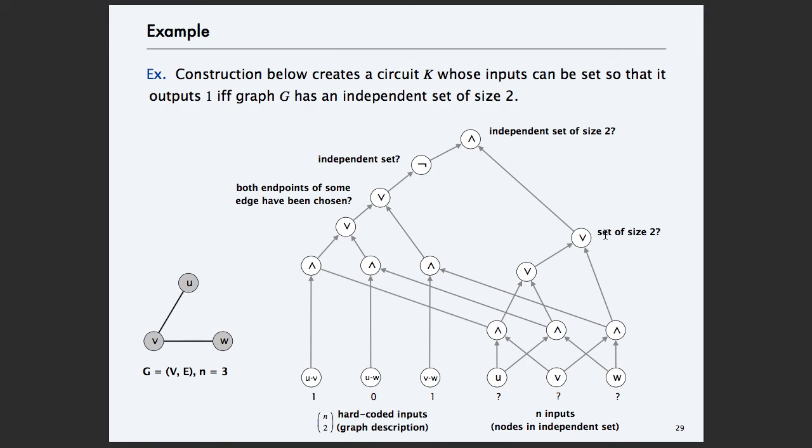This should be XORs. If this was really set of size 2, then this should be XORs.